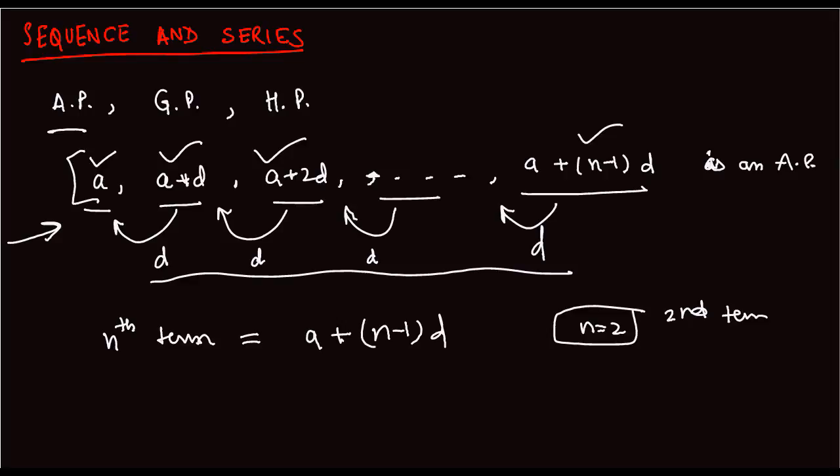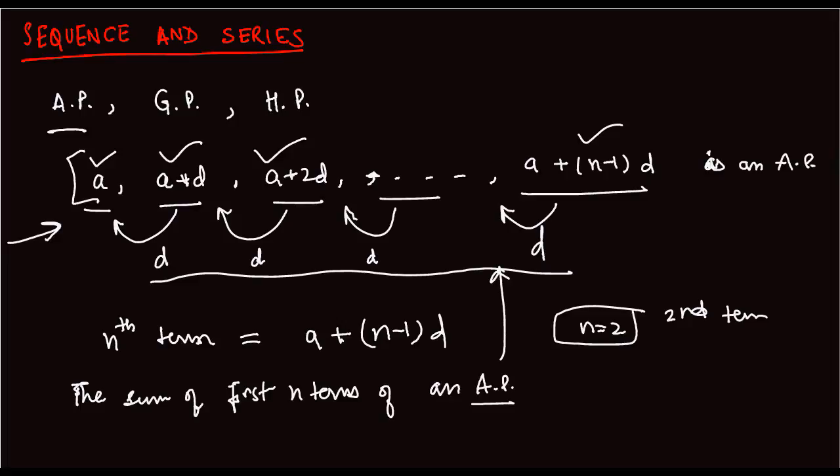Now the formula for the sum of the first n terms of an AP. Let's denote it by Sn.